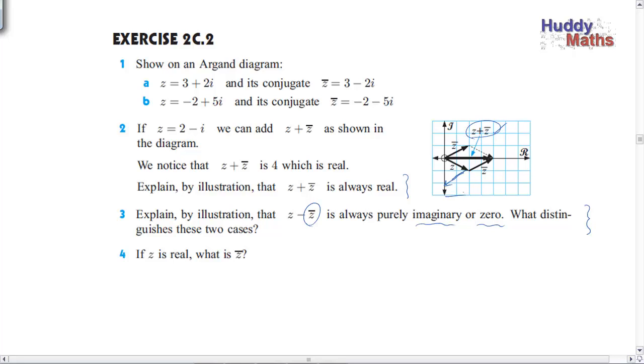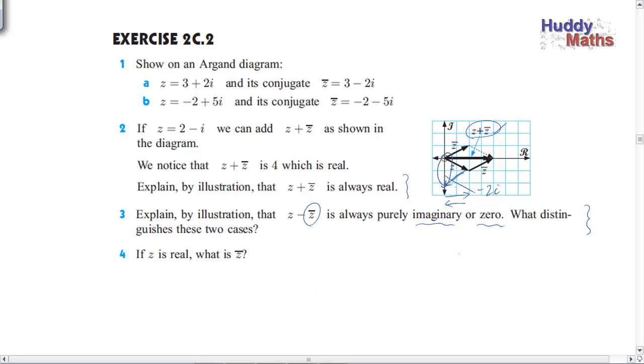That displacement for z is going to be made negative and added on, so you're going to have no displacement in the real direction. It's just going to be double the displacement in the imaginary direction. Can you see that from that diagram? And what that means is you'll always get a purely imaginary number. Here it's negative 2i in this diagram.